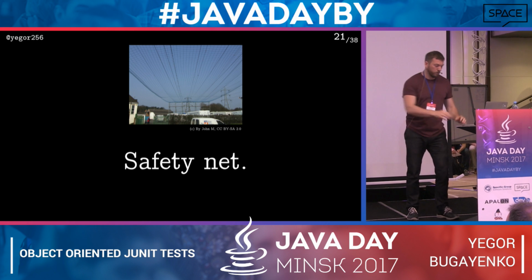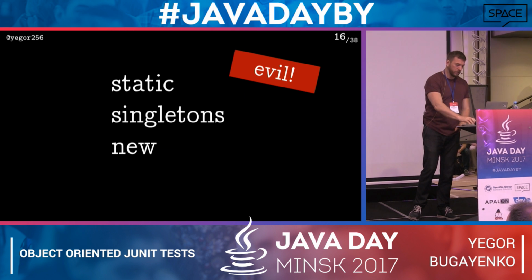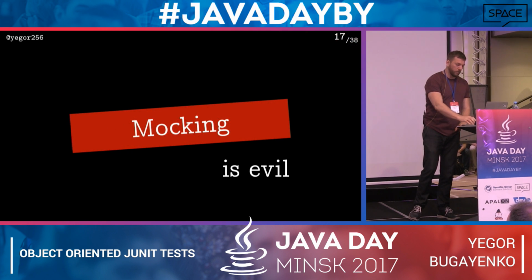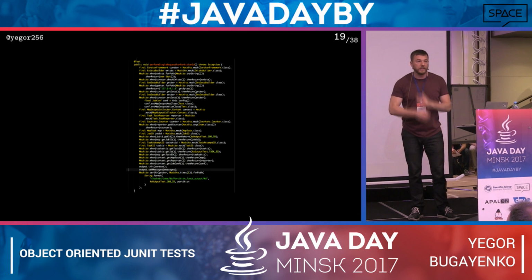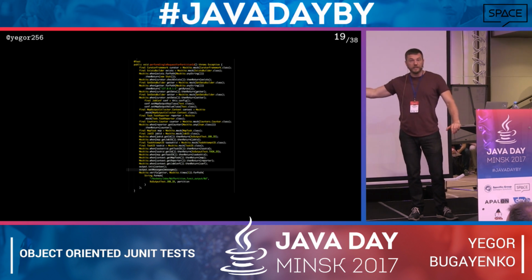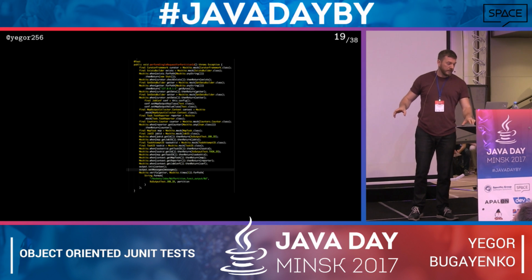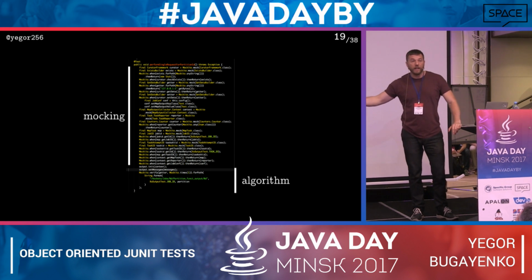So when I open this code and somebody says, fix it as soon as possible, I need to know that if I change something here, I'm not fixing the test, I'm fixing the code which is in this algorithm. When I'm fixing the algorithm, I know that this test will catch me and say, hey, you just broke something.